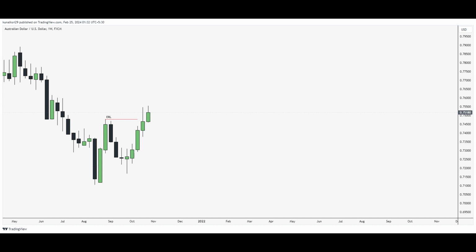Can you spot any fair value gap from this low to this high or imbalance, okay, from this low to this high? Because once we grab this external range liquidity, market is most likely going to draw to internal range liquidity. And what is internal range liquidity? It is our fair value gap or imbalance, okay.